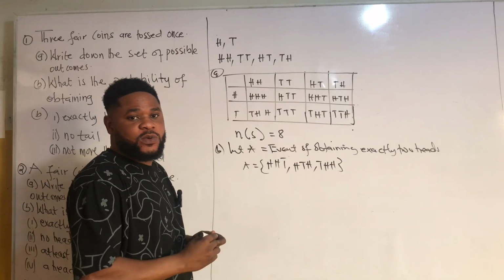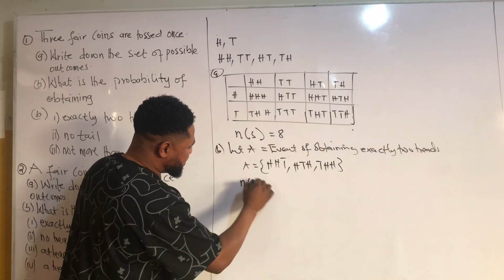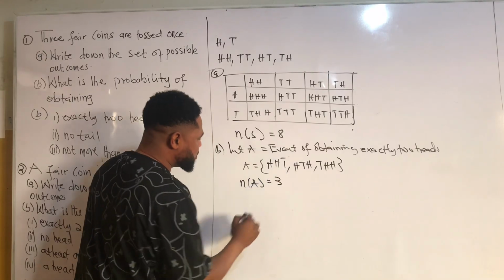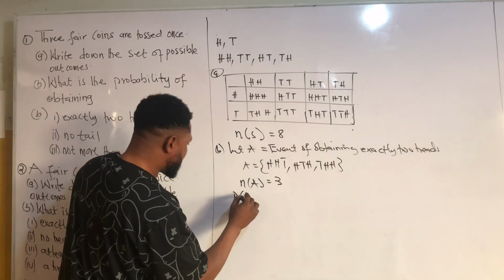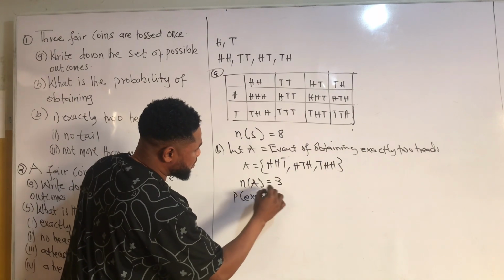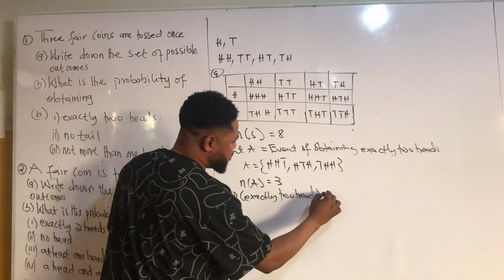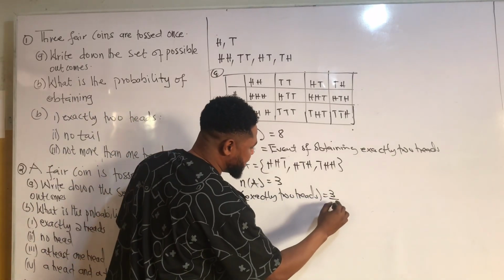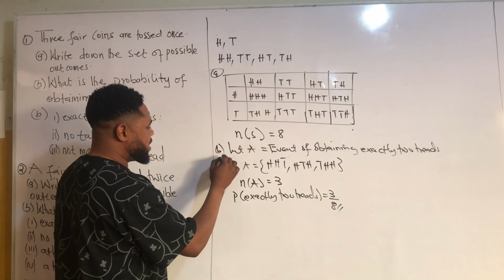So the number will give us 1, 2, 3. So the probability of obtaining exactly 2 heads will be equal to 3 divided by what? 8. And this is how the answer will be for the I.